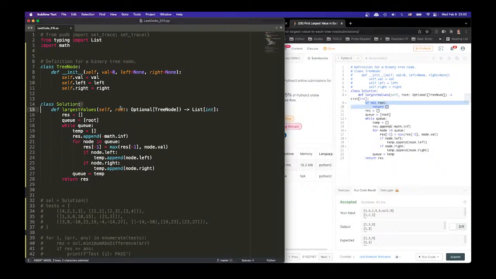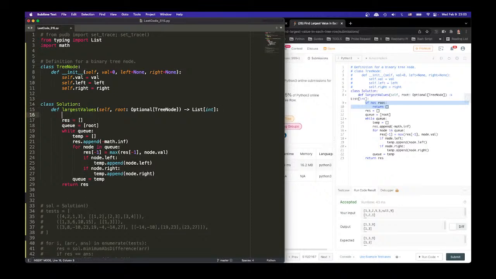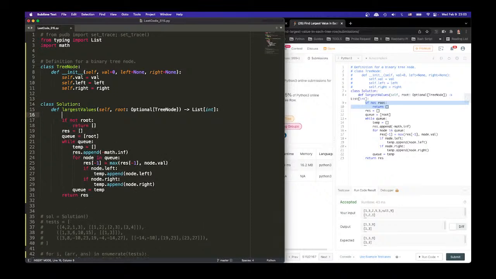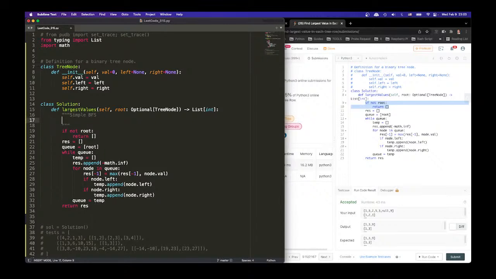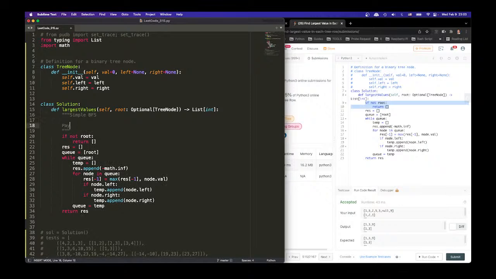All right, so do we have a better solution than this? It's simple BFS, but pay attention to the edge case when root is empty.